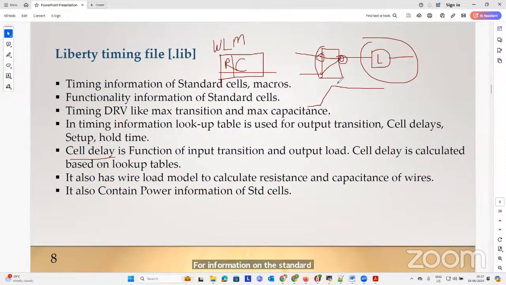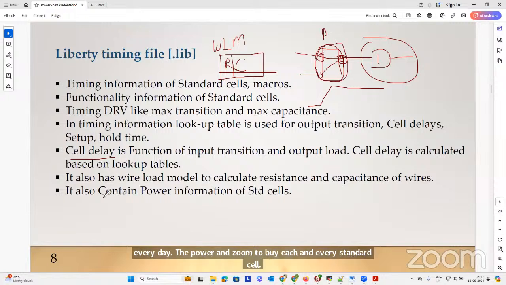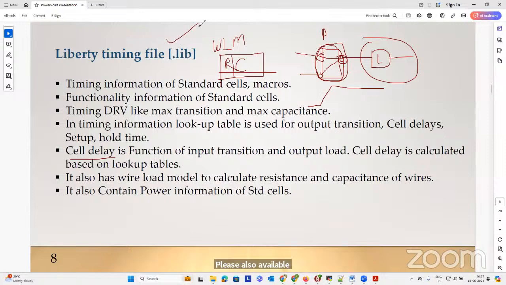Based on the input transition, output load, cell delay, and everything, the power consumed by each and every standard cell is also available in the .lib file. Clear? So far, everyone? Any questions? Proceed further.